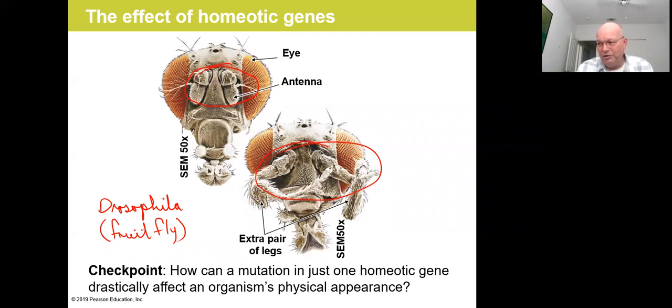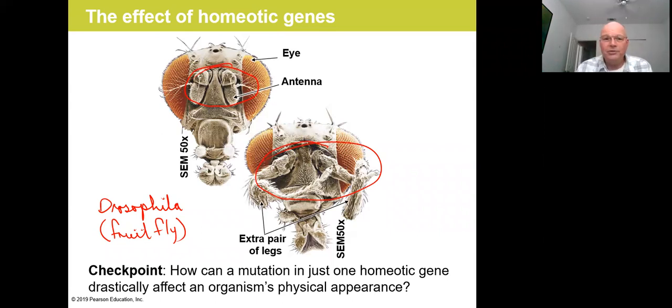Remember, what determines what cells become is determined by the signaling pathway and the signals that they get. And in this case, the signaling pathway got completely screwed up because of the mutation. But what is really remarkable about this is that in the laboratory, we can manipulate this system.